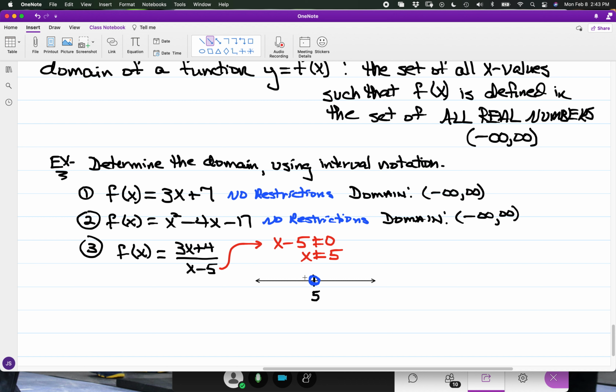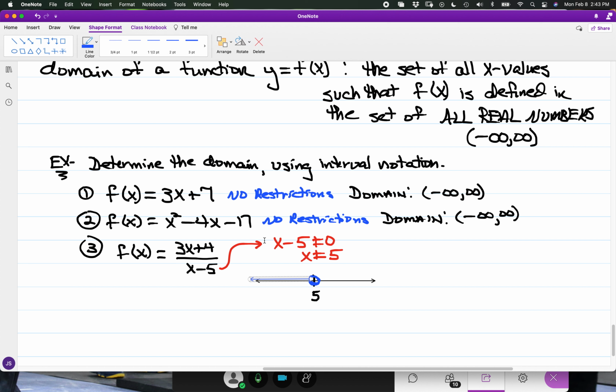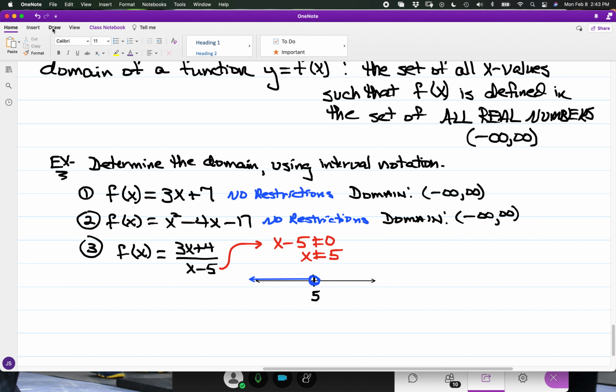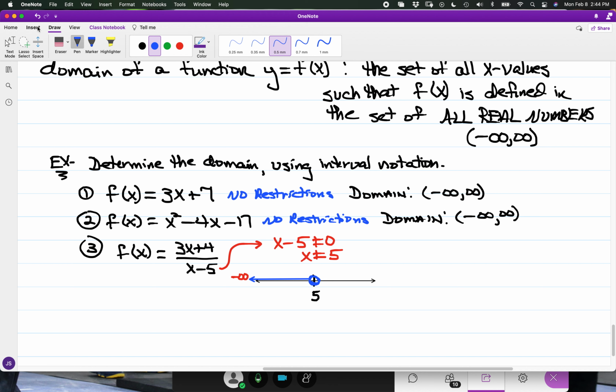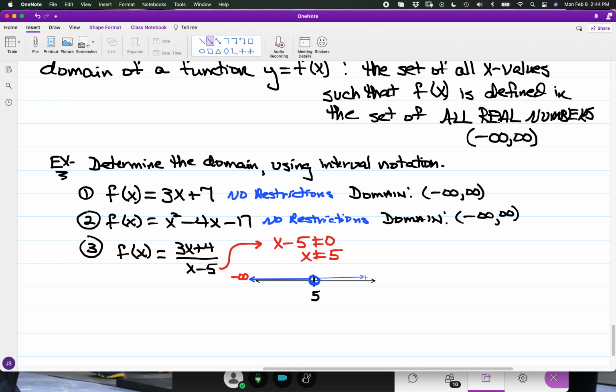At one end of the spectrum, you're looking at those values that are less than 5, and at the other end, those values that are greater than 5.